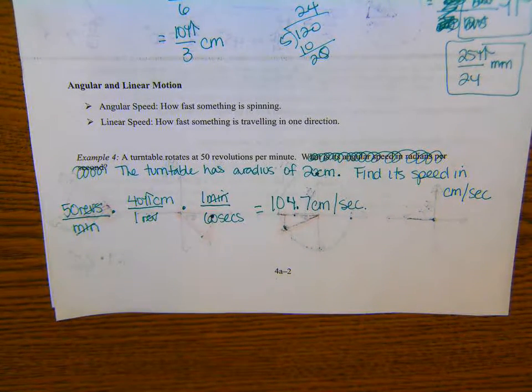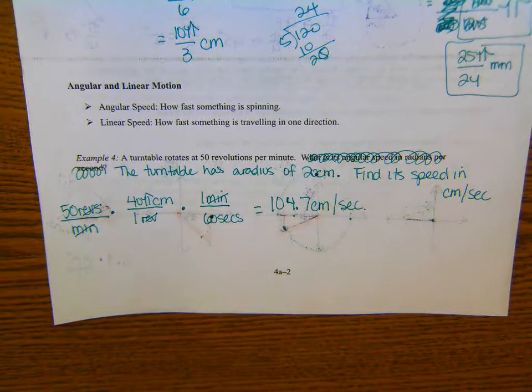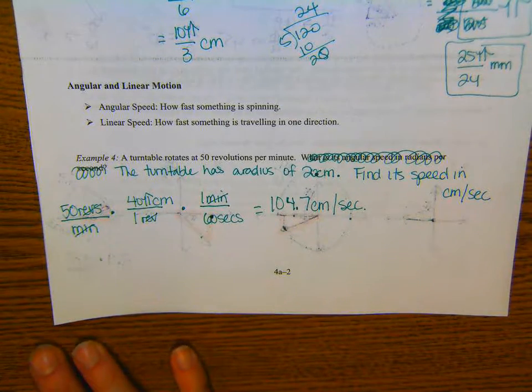Is that kind of fast? Yeah, but a centimeter isn't all that far of a distance. Now you could still do the same thing with a person riding a bike. If I figured there's revolutions per second, you could figure out their speed in miles per hour and stuff like that. So I might ask you to do that. Alrighty.